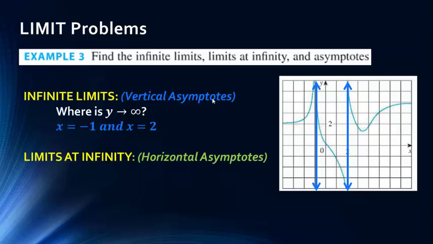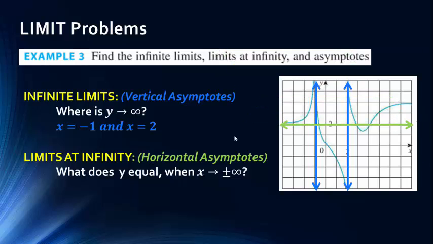Now remember, limits at infinity, these are horizontal asymptotes, and these are trying to find, does the function go to a constant value of y when x goes to positive or negative infinity? So if we're looking at a graph, we're going to look to the far left for negative infinity. We're going to look to the far right for positive infinity and see what happens.